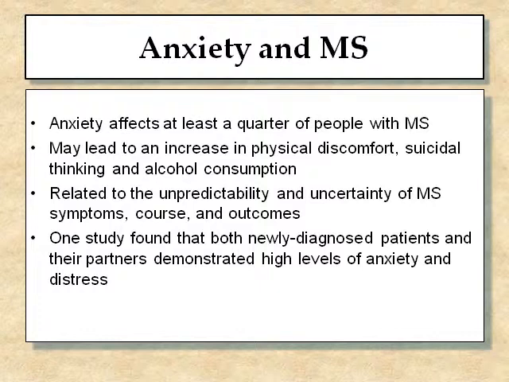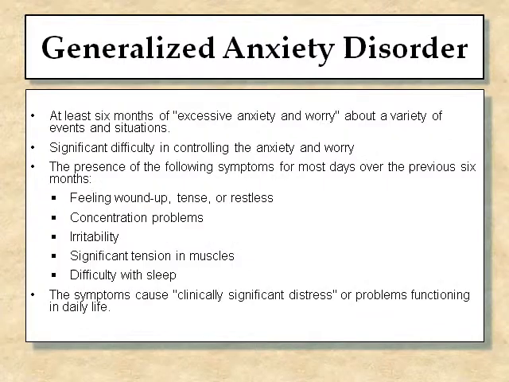But when does anxiety become a disorder? The most common anxiety disorder is called generalized anxiety disorder. There are other ones, and more information about them is in your handouts and in the references that I've given you. But I just wanted to talk about this one, the most common one.